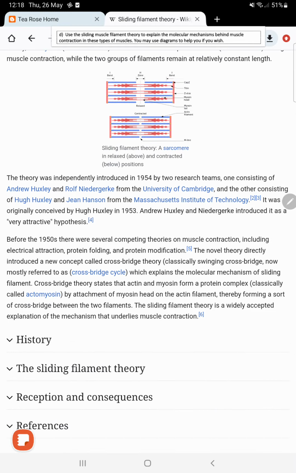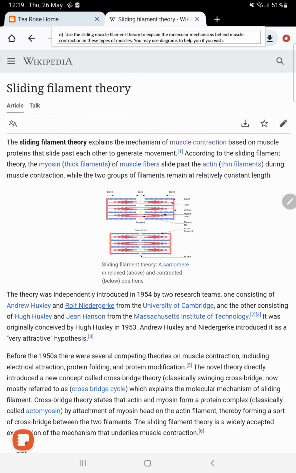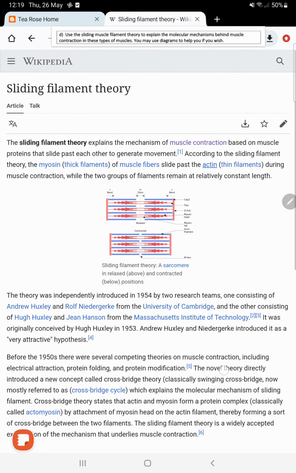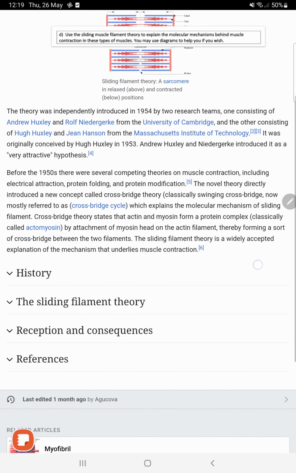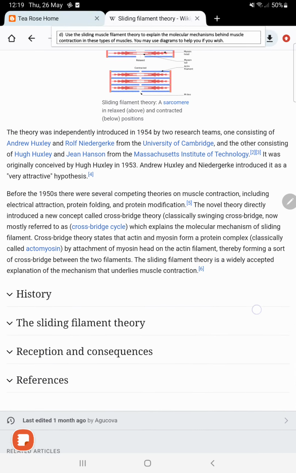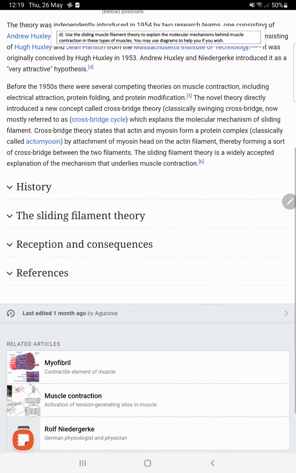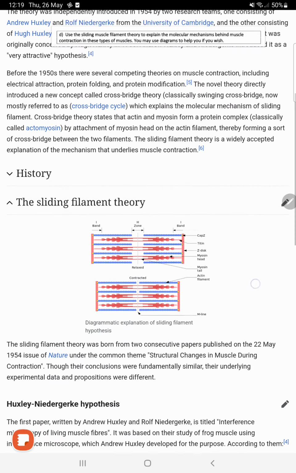Now, probably the myosin and the actin, are they molecules? Because if it's a molecular theory or molecular mechanism, then I'm assuming that these two are the actual molecules. Let's open this up.